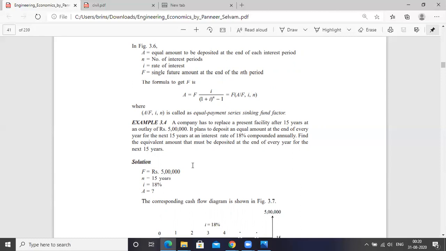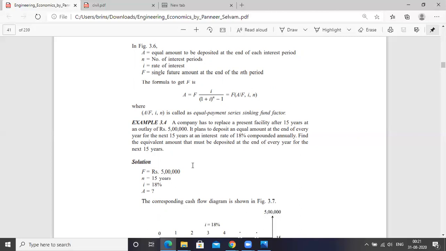Find the equivalent amount that must be deposited at the end of every year for the next 15 years. Here they have given you the period as 15 years, with the outlay of 5 lakhs. So the outlay of 5 lakhs is your future sum.